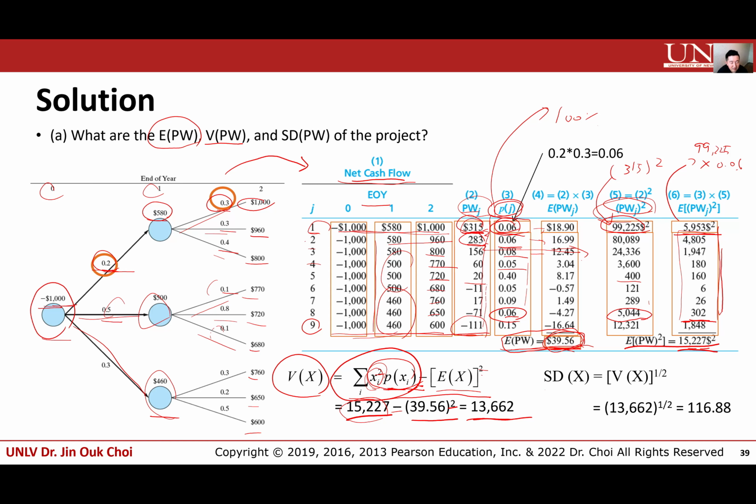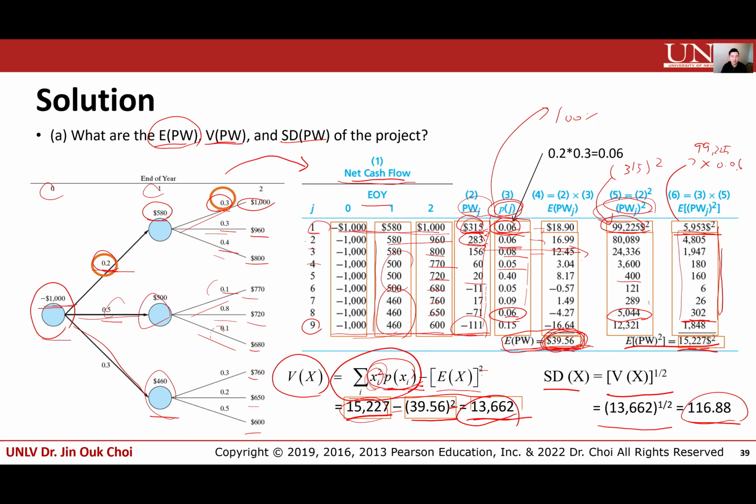To calculate the standard deviation, as we have learned, once we take the square root, we find the standard deviation is $116.88. So we have calculated the expected value, variance, and standard deviation of this project.